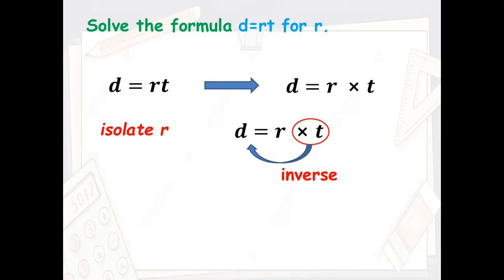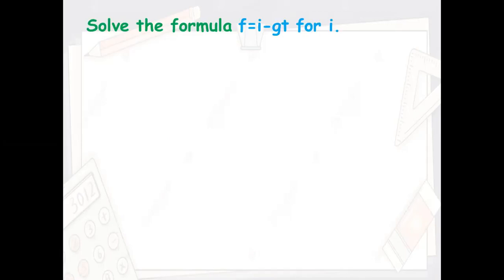The inverse of multiply is divide. So it becomes D divided by T equals R, or R equals D over T. It's the same, only that for this I wrote R on the right hand side, and here I have written R on the left hand side. Literally, they mean the same. It's as easy as this.